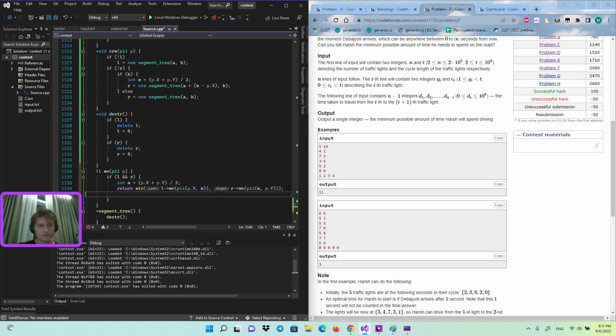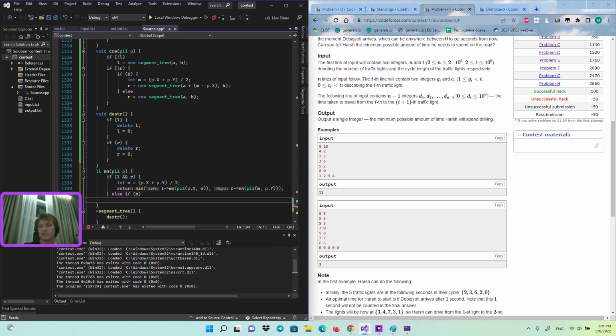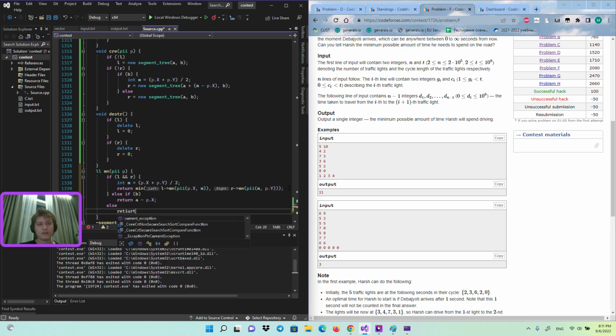Secondly, if b, then it's just increasing and we just output any number. Else, we output a minus py minus 1.